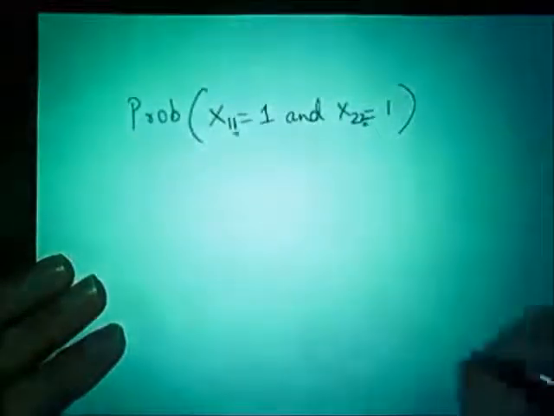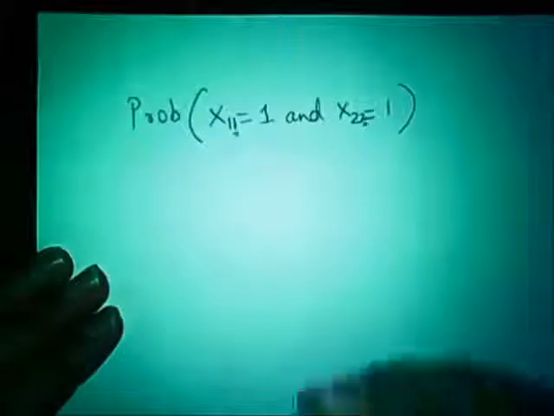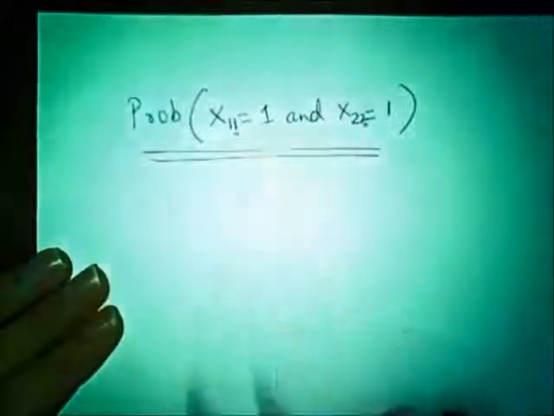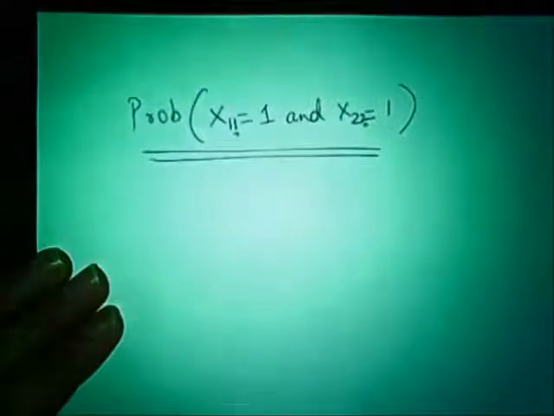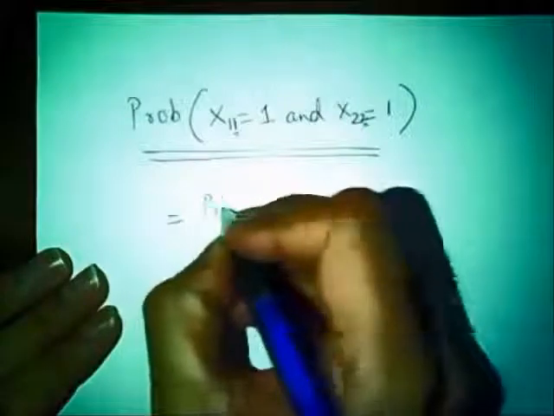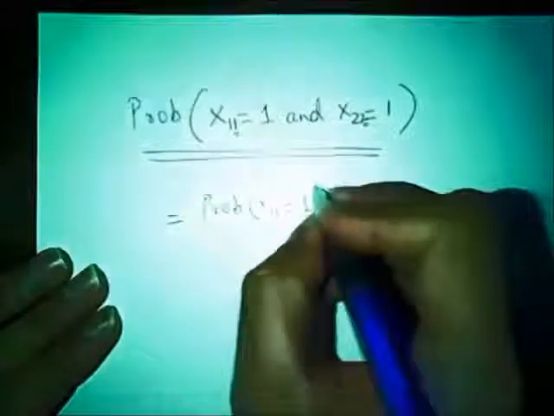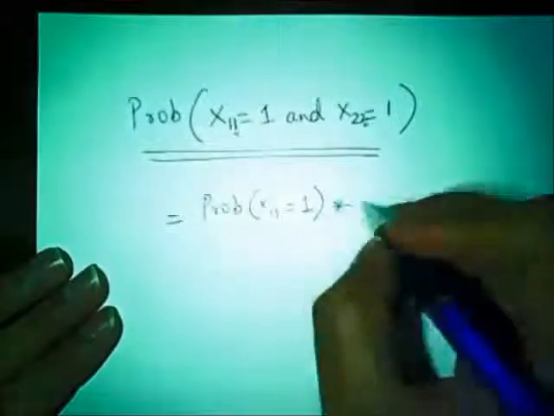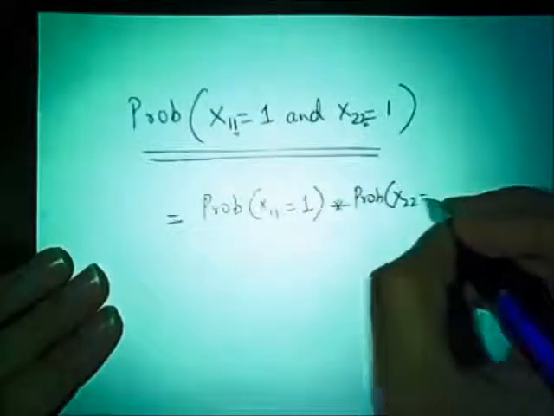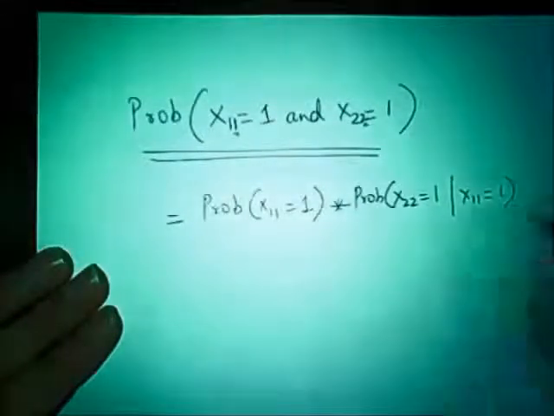So by Bayes' theorem, what we actually can calculate is joint probabilities like this. So a probability like this, where you want to calculate the probability with which 2 events would occur, would be given as probability that x11 would be 1 multiplied by the probability that x22 would be 1, given that x11 is 1.